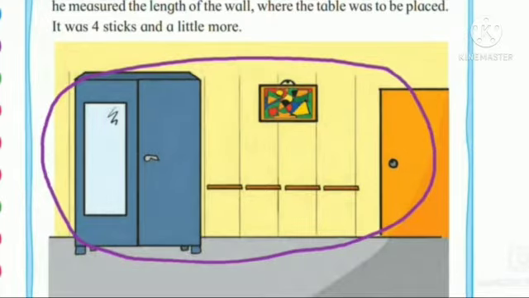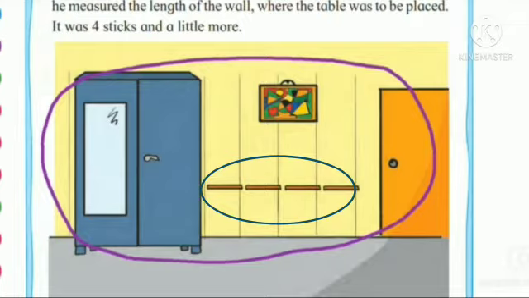So students, see the picture. In the circle you will see where Yash wanted to place the table and the measurement of the sticks. See 1, 2, 3, 4. So it is 4 sticks over here for the measurement of the table.